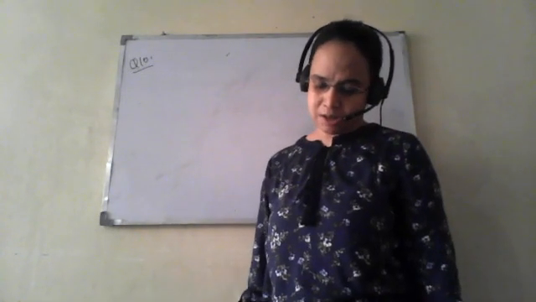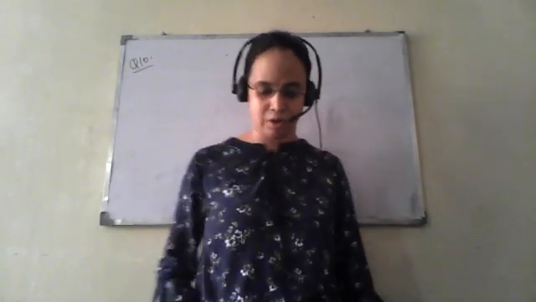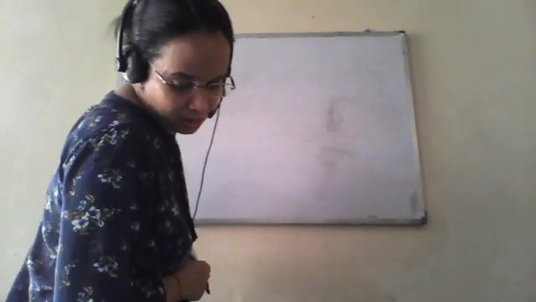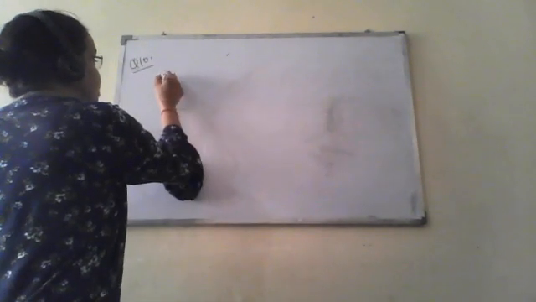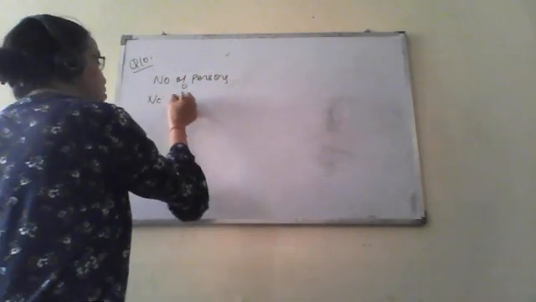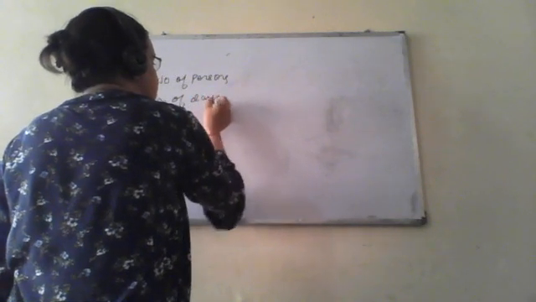Second, how many persons would be needed to fit the windows in 1 day? So two parts are given, and we have to formulate the table accordingly. In this we have the number of persons and the number of days. Clear?